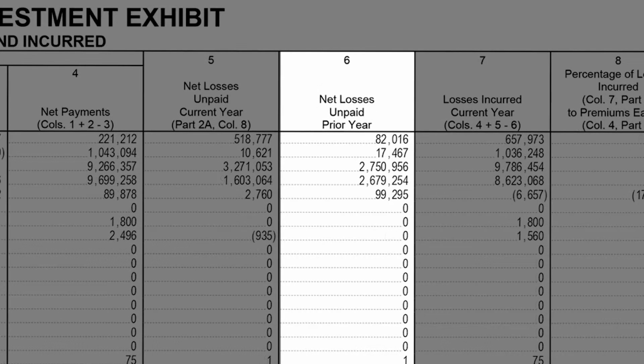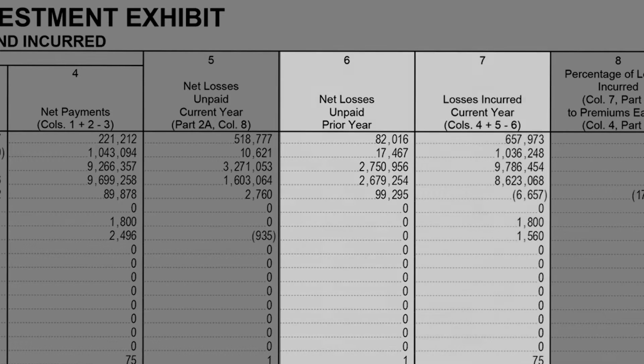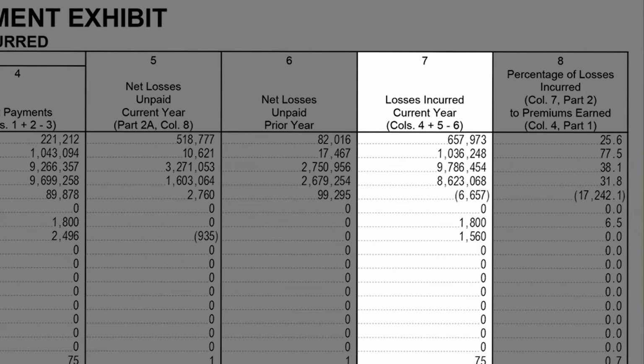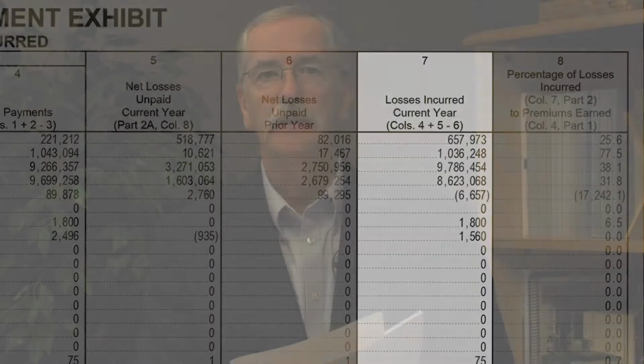So that references another part where you're going to be able to look at the detail behind this. Column 6, net losses unpaid prior year. Column 7, losses incurred current year. That's a culmination of column 4 when we went back and looked at the net claims paid for this company. Now we're going to look at the change in the loss reserve for this company, the loss reserves at the end of the prior year, and the loss reserves at the end of the current year.